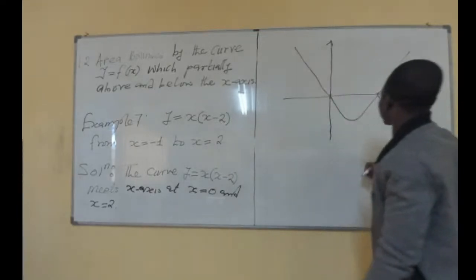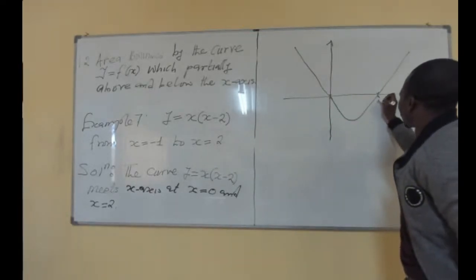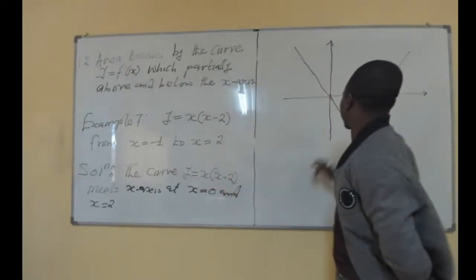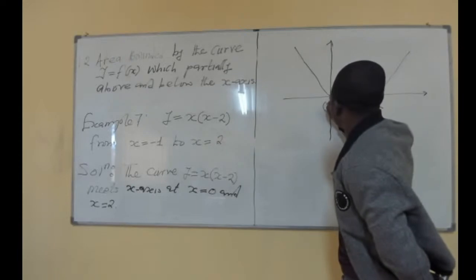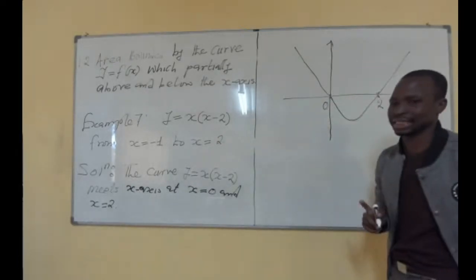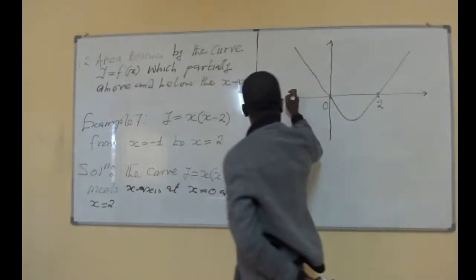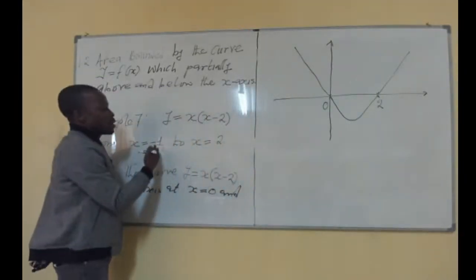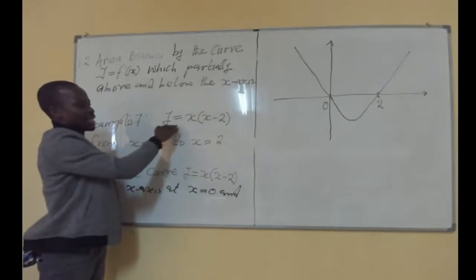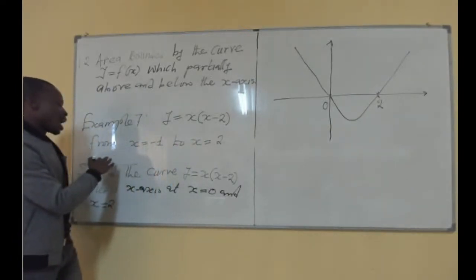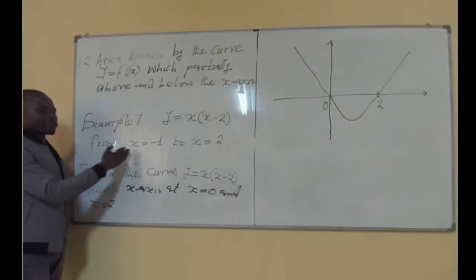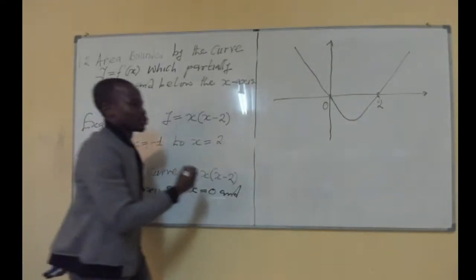So now, at this point, we have 2. This is the point where the graph will cross the x-axis. We also have the point 0, where the graph will cross the x-axis. But then, what the question is asking us is to find the area of the region bounded by this curve and the x-axis, from x equal to -2 to x equal to 2.